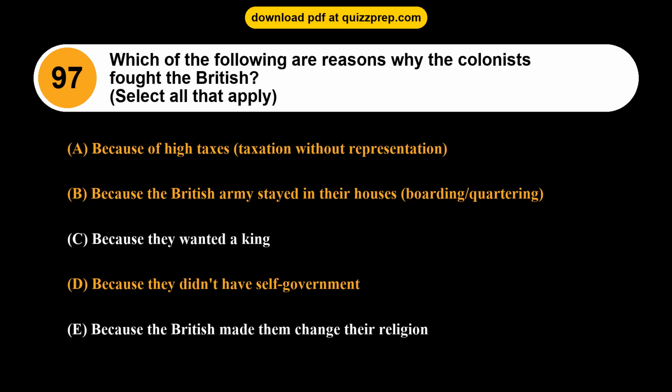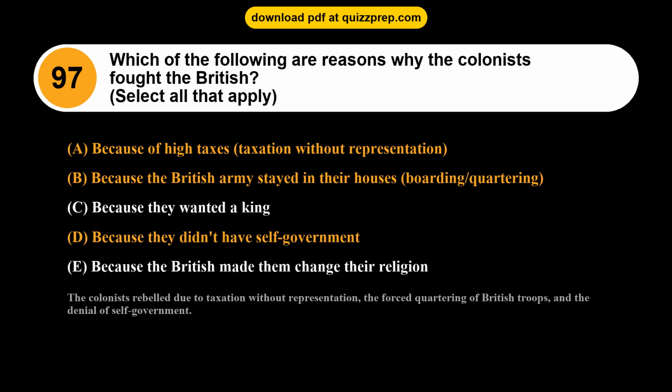The correct answers are options A and B and D. The colonists rebelled due to taxation without representation, the forced quartering of British troops, and the denial of self-government.